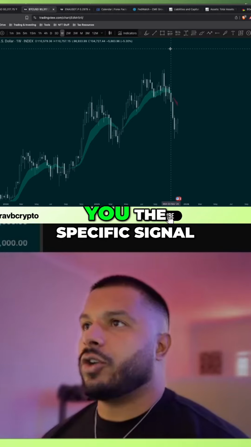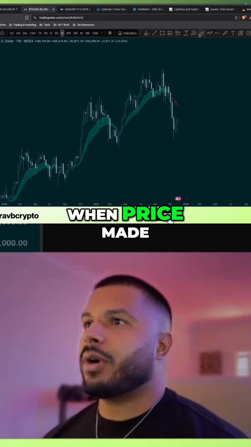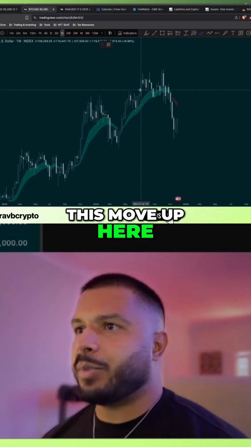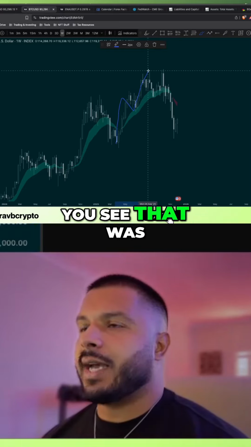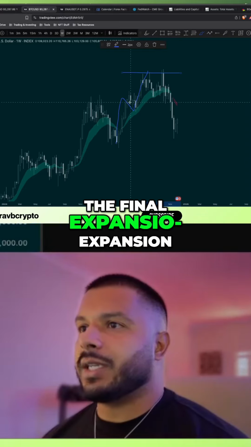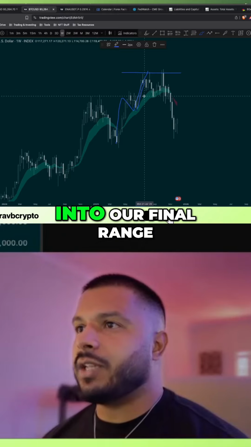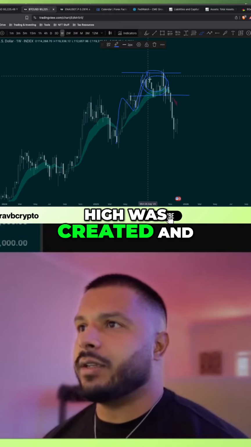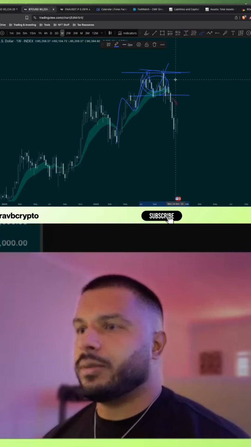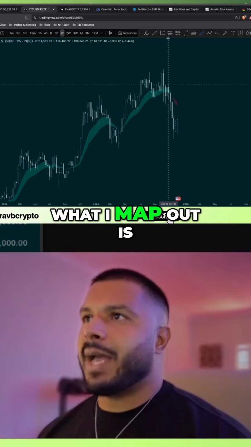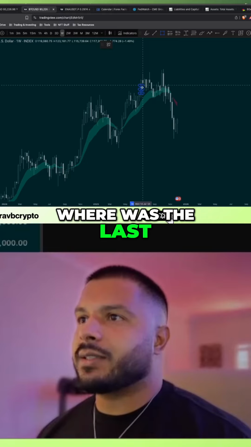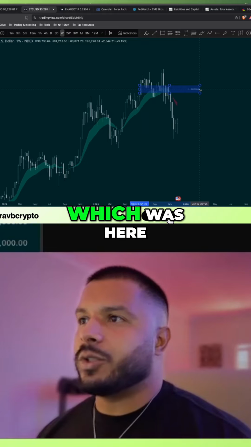But just to show you the specific signal, when price made this move up here, okay, you see that was the final expansion into our final range, where the high was created and where the sweep occurred. What I map out is, into that final expansion, where was the last major fair value gap, which was here.